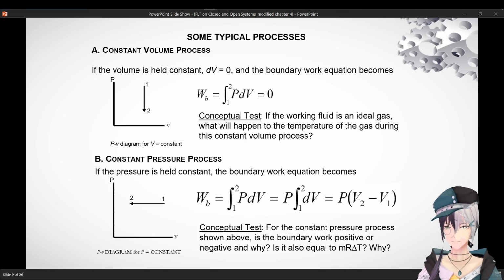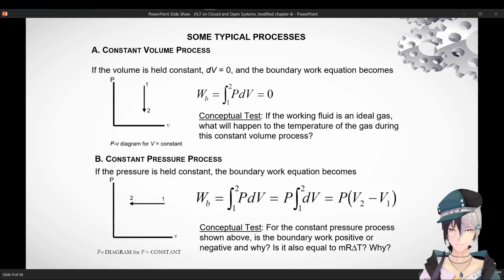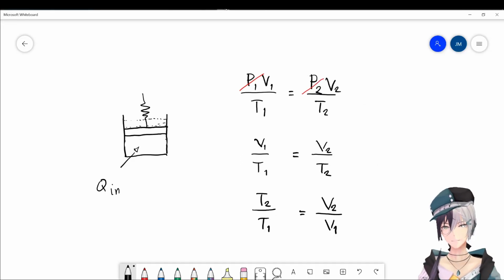It means work is done on the system. Negative. Is it equal to mR delta T? Yes, it is equal to mR delta T.